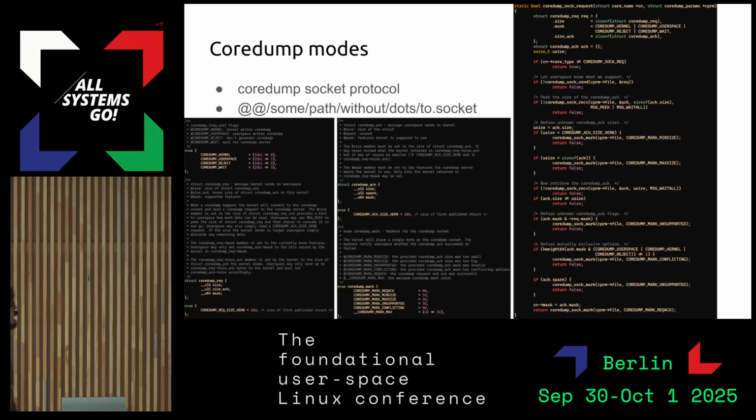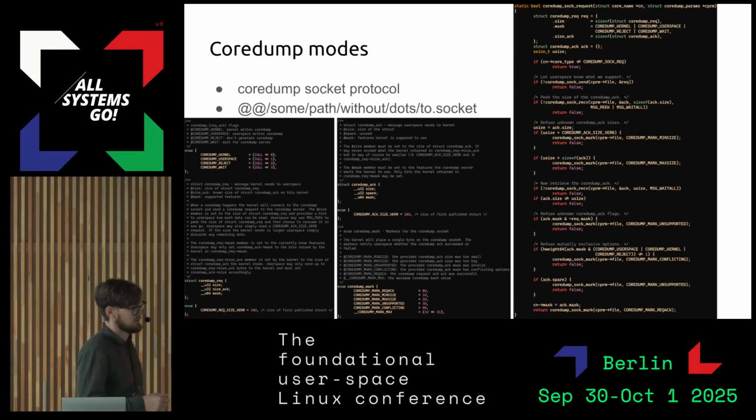But in any case, it's a simple request-response protocol. When you use this mode, the kernel will not just write the memory contents into the socket, it will send you a coredump request message, which is just a struct with a specific size, which is the first member, and the kernel will tell you what features it supports to process this individual coredump, and it's extensible.